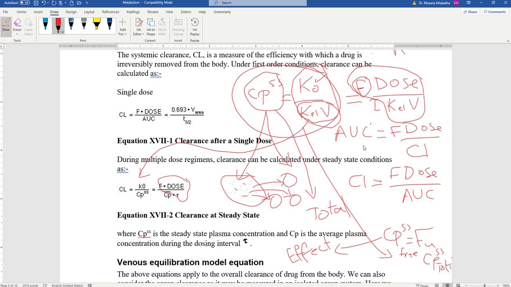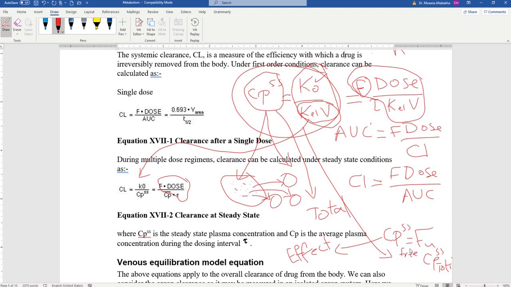If you remember, we were talking about clearance, and we looked at the relationship between clearance and the CPSS. CPSS is equal to the dosing rate divided by clearance. We also came to know about the CPSS-3, which talks about the concentration of free drug, that is unbound drug in the plasma, because the free drug is the one that is responsible for giving the pharmacological effect.